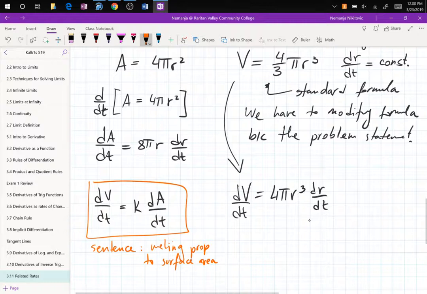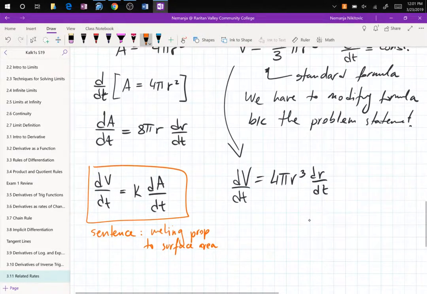You can draw on the surface. So dimensionally one is 2D, the other one is 3D. Now, in order for us to equate them, we have to have something that links those two separate dimensions. In this case, they say it's proportional, so I can just plug in this K.